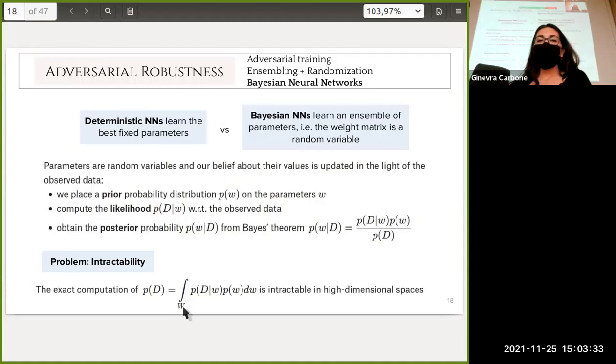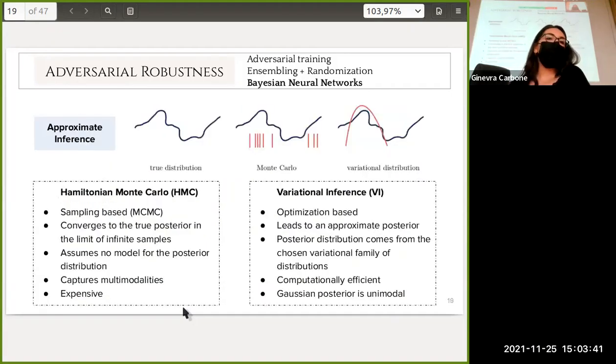And what we are doing instead is to rely on some approximate inference techniques. So let me just briefly and generally describe a couple of approximate inference methods because we use them in our experiments. Our goal here is to find an approximation to the true posterior distribution.